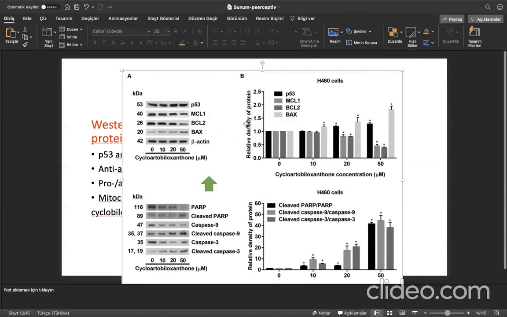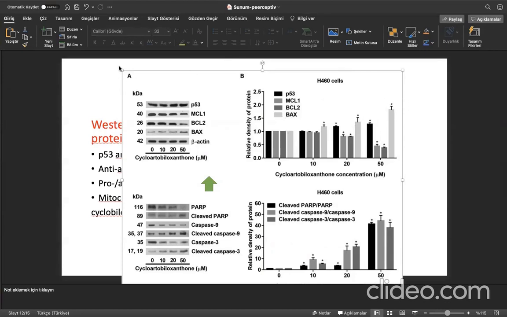And as you can see, the concentration of p53 increased dramatically as the concentration of the compound increased. Also, the concentration of the anti-apoptotic proteins, which are MCL1 and BCL2, decreased dramatically, and the expression of BAX, which is a pro-apoptotic protein, increased dramatically.